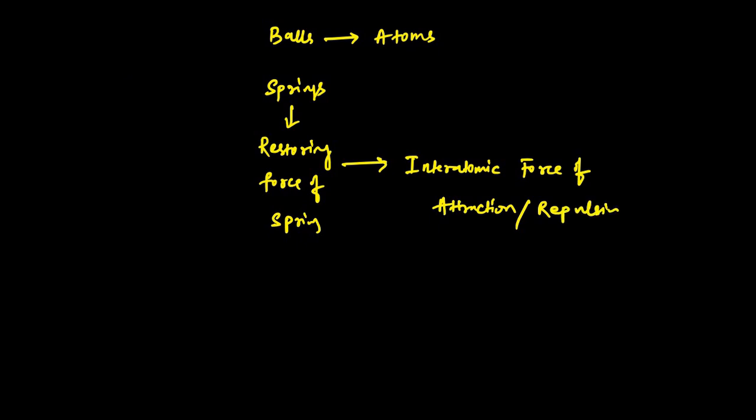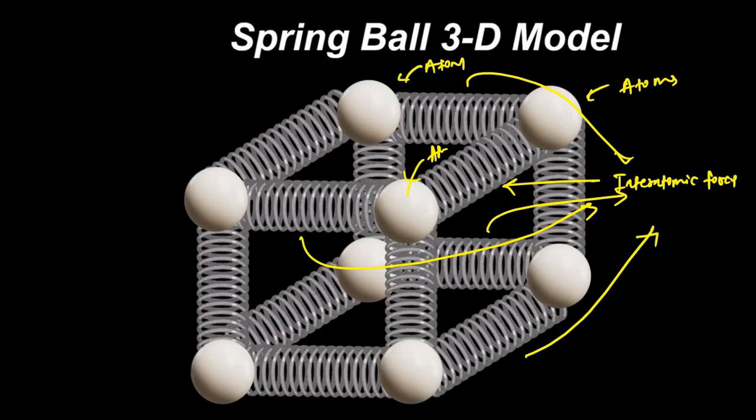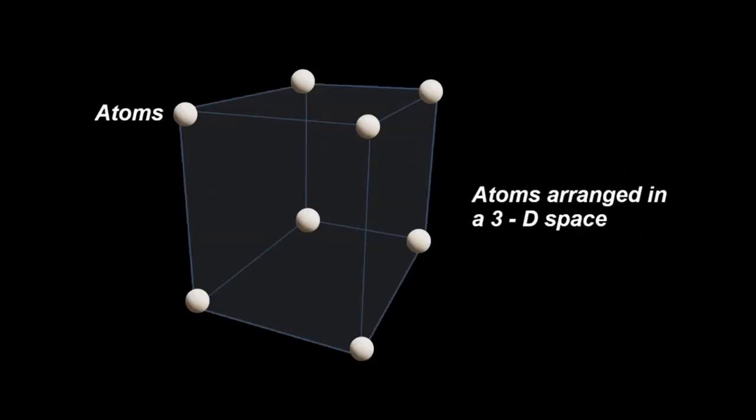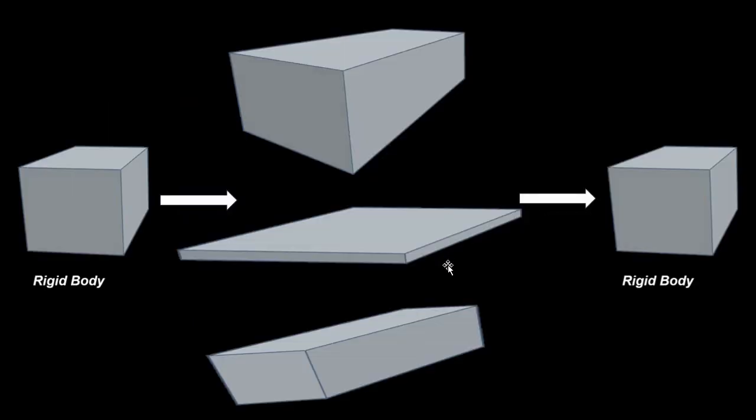So this is just a physical model to mimic the behavior of the atomic model for elastic solids. This is only applied to elastic solids, the elastic behavior, elasticity, because elastic solids regain their original shape and size after undergoing deformation by an external force.